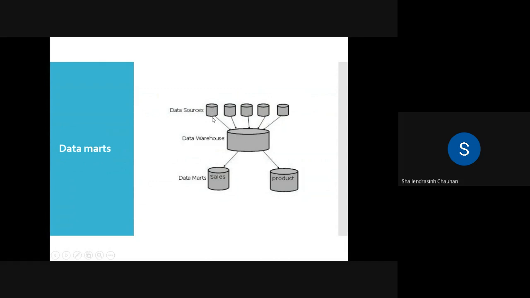It is centralized, which means it is a single place where you have all the data. You store all the data from all the data sources. It is enterprise-wide, meaning it has the data of the entire enterprise, the entire organization.